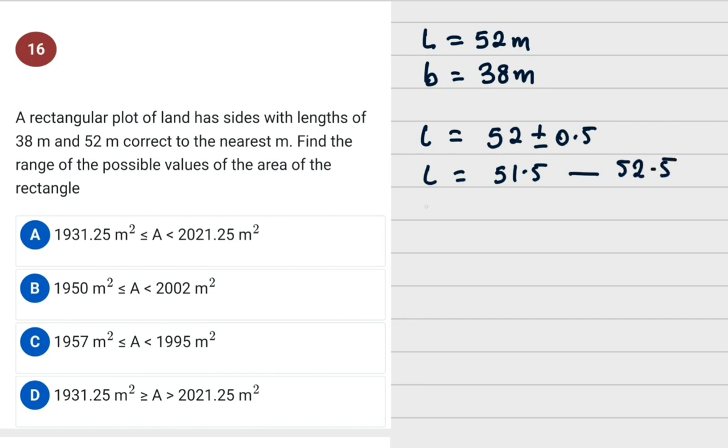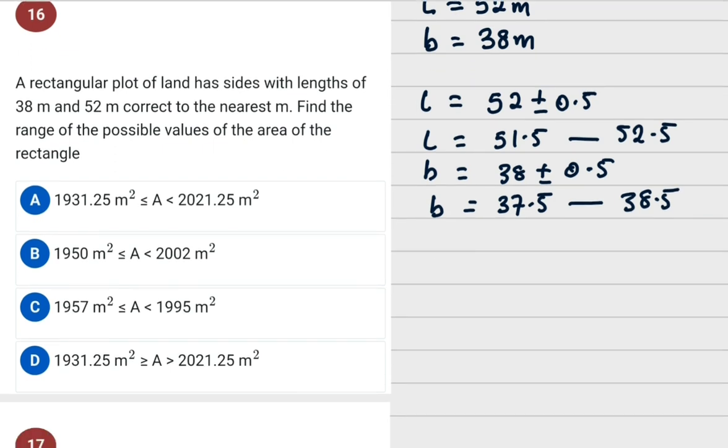The same thing with the breadth. The breadth is going to be 38 plus or minus 0.5, so it spans from 37.5 to 38.5. So we have two limits here, the lower one and the upper one.